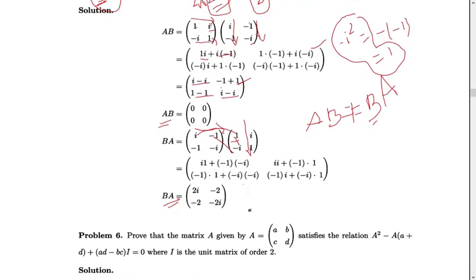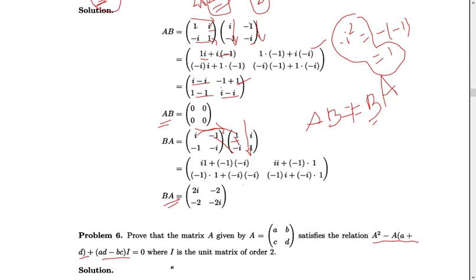So next question, prove that the matrix A given by A is equal to [a b; c d] satisfies this condition: A squared minus (a plus d) into A plus (ad minus bc) times I is equal to 0, where I is the unit matrix. Unit matrix means main diagonal elements are 1, other elements are 0.